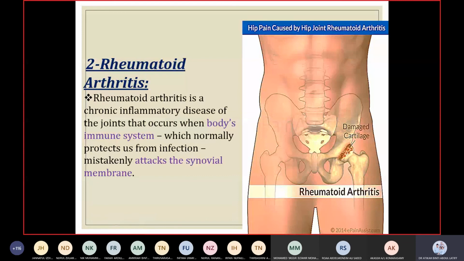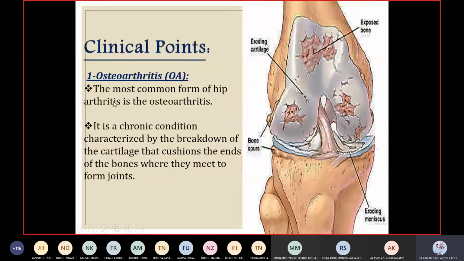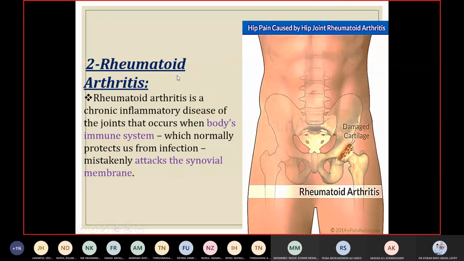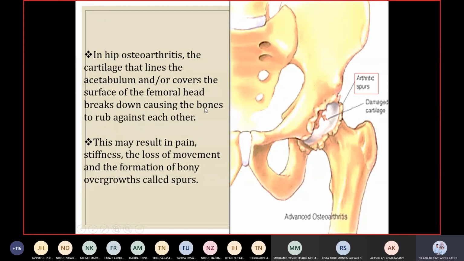Okay, so the next type is rheumatoid arthritis. This is caused by an inflammatory disease. In osteoarthritis, there's actually no inflammation going on, only breakdown of the articular cartilage due to wear and tear. That's why it's more common in the elderly.